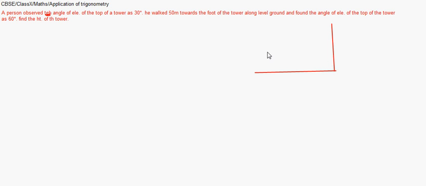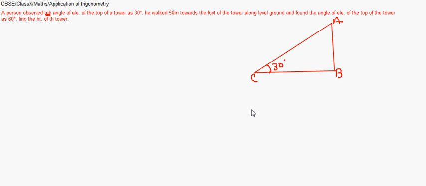This is suppose the tower, which I name as AB. The person observed the angle of the top of the tower as 30 degrees. Suppose he is standing here, which has made the angle 30 degree. This is the person C.